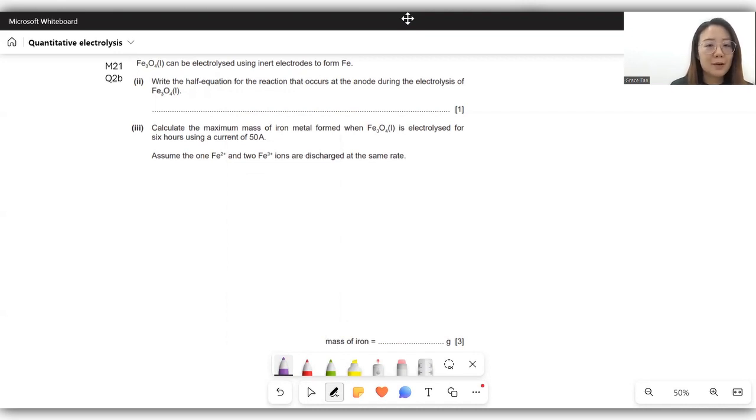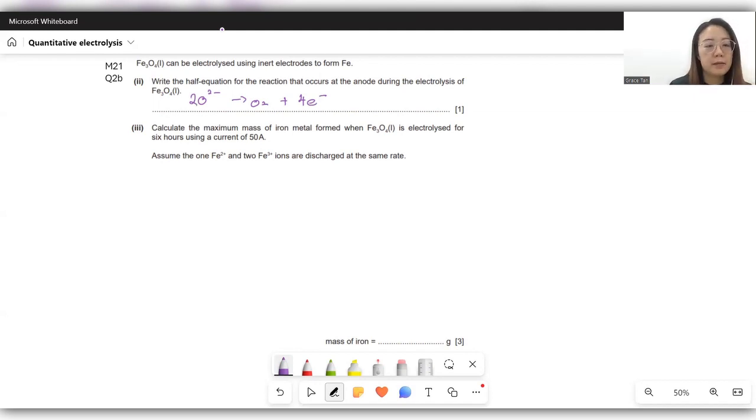Now anions move to the anode, and the anode is forever oxidation, that's the rule. So your anion will move to the anode and undergo oxidation, which is donating electrons. So oxide donates 4 electrons in total to form oxygen.